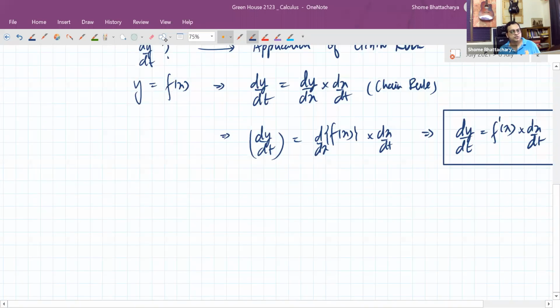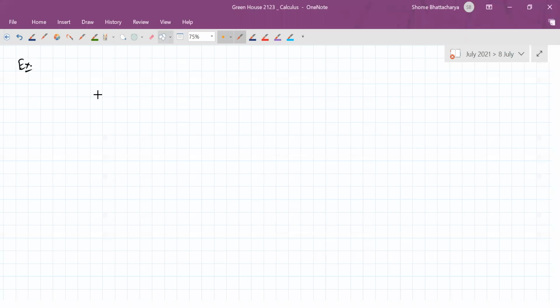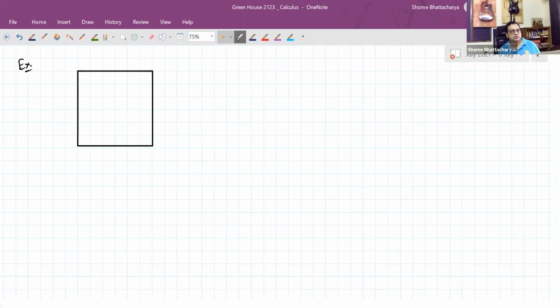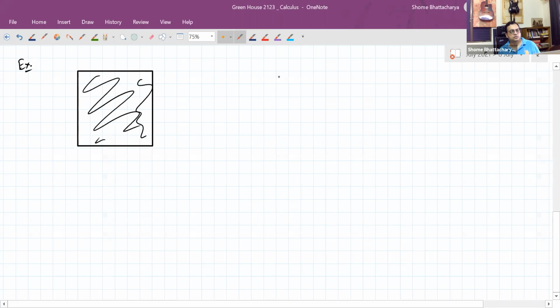So suppose we have a situation where we have, let's say, a square plate, like a thin metallic square plate. So three-dimensionally it looks like this. So very thin.